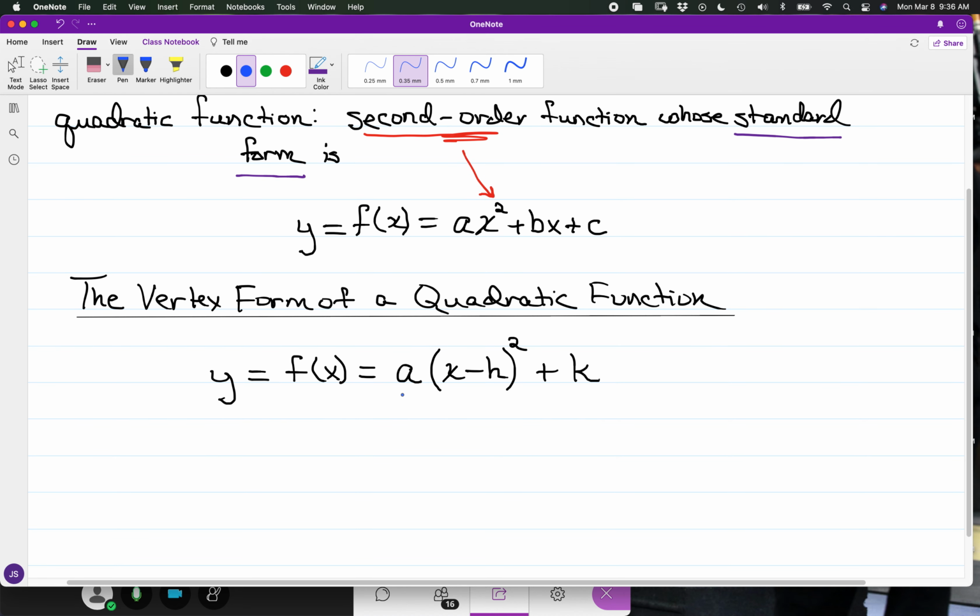Now, regarding this display of the quadratic function, some things about the letter a. If a is positive, you're going to have the graph of the function open upward from the vertex.